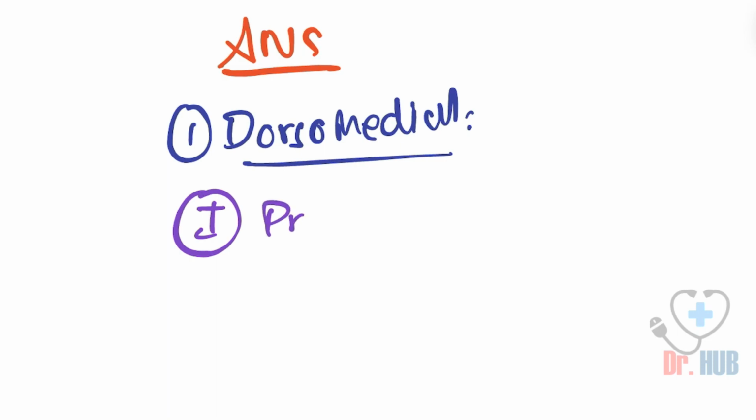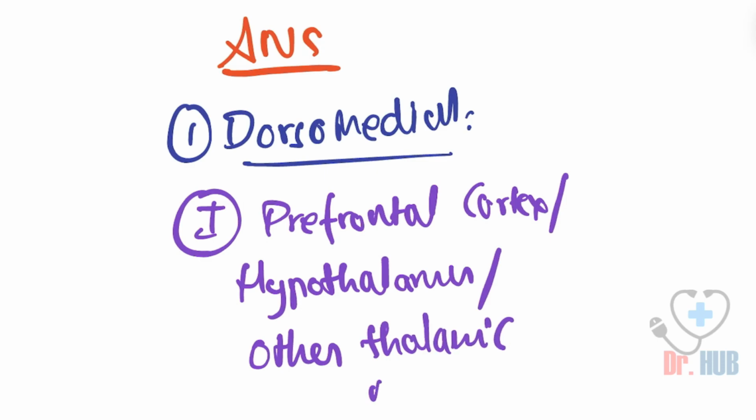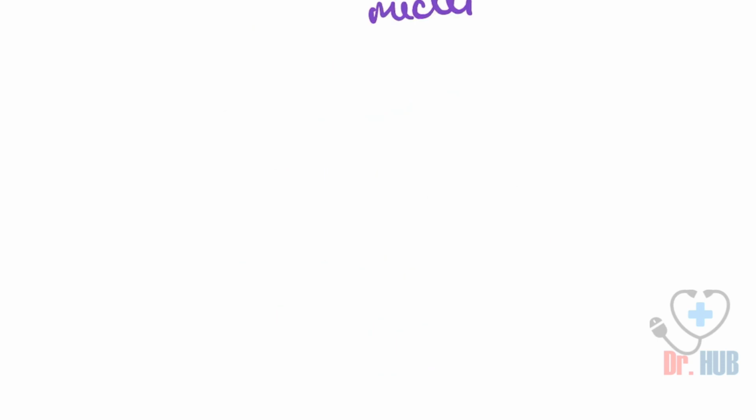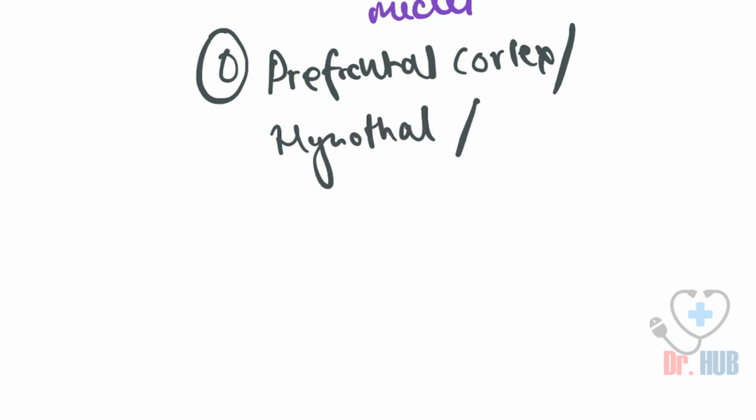The input is from the prefrontal cortex, and also from the hypothalamus and the other thalamic nuclei. Then we focus on the output of the dorsomedial. It is similar: the prefrontal cortex, the hypothalamus, as well as the other thalamic nuclei.